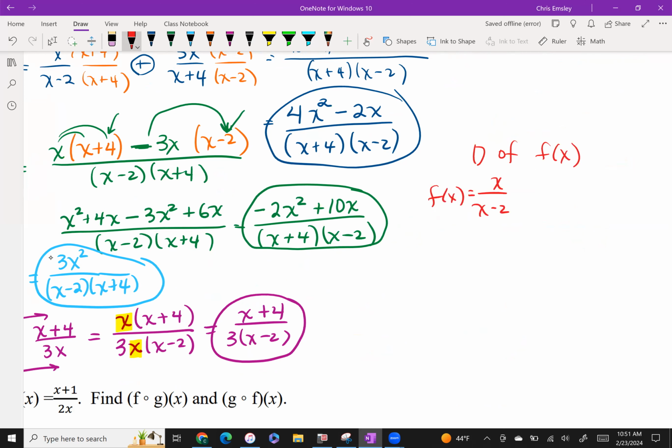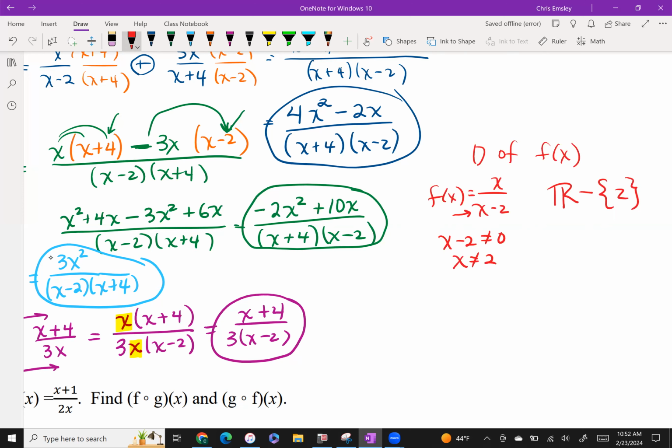Domain on a function like this, what we're watching out for, division by 0 is undefined. We want this fraction to be defined. So all numbers are going to be okay, except the number that makes the denominator 0. In this case, we don't want that to be 0, so that means we don't want x to be 2. So the domain of f of x is all real numbers except for 2.